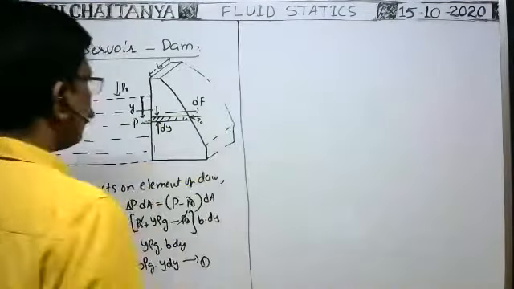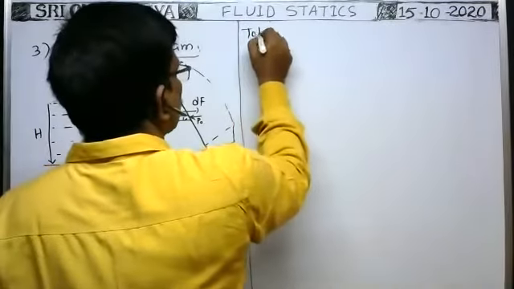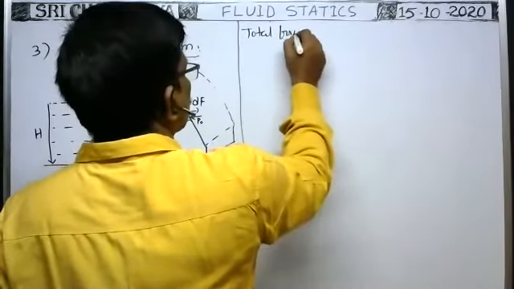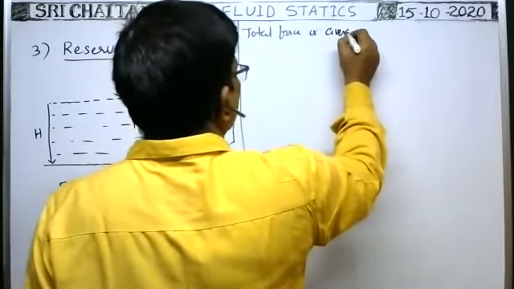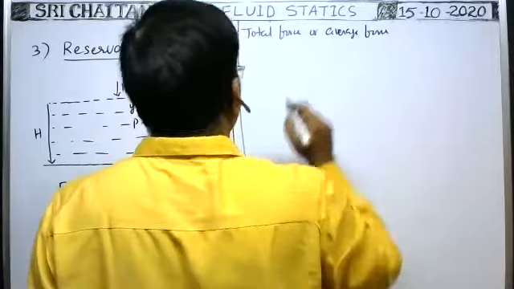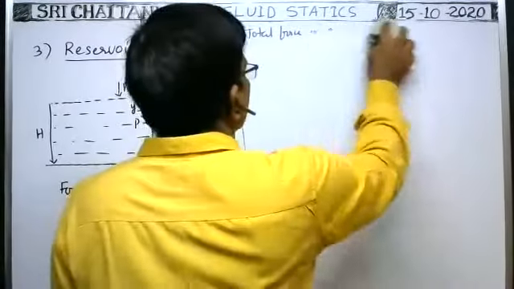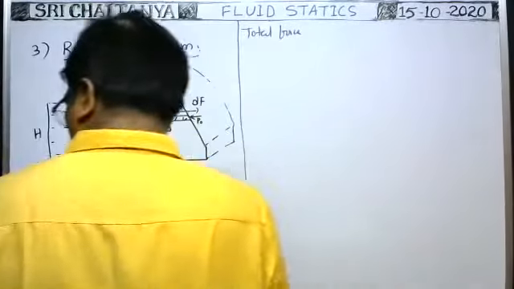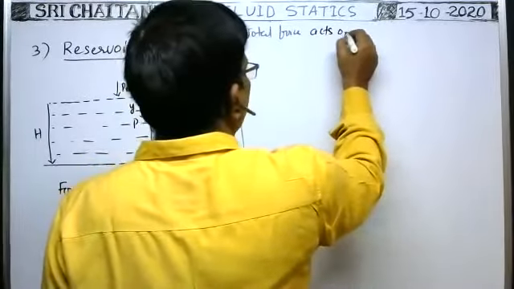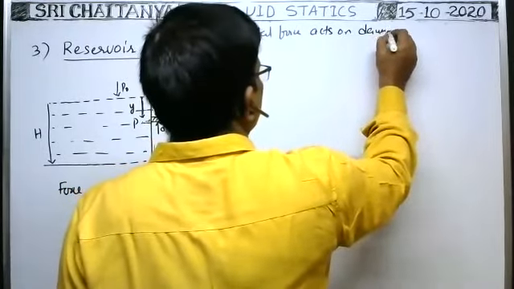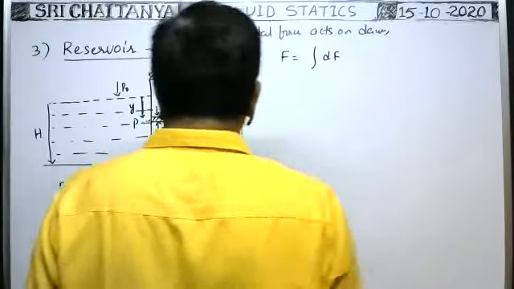Therefore, what is the total force acts on the dam due to water? Total force or average force. Okay, total force first you find, later we can find average force. Total force acts on the dam, F is equal to integral dF.